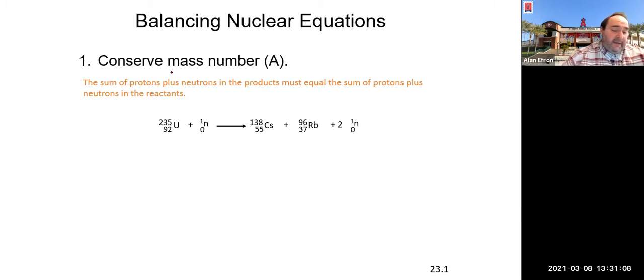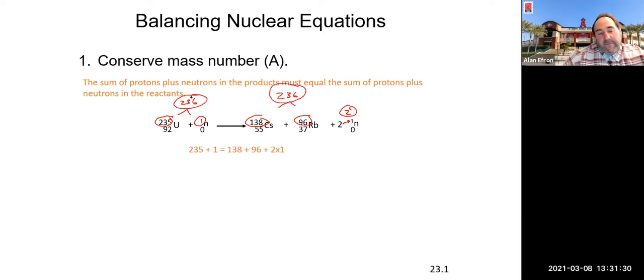So on the left-hand side here, we have 235 and 1, that's 236. Plus, on the other side, 138, 96, and there is a 2 here, which means we have 2 neutrons, so that returns a 2. If we add up everything on the right-hand side, we end up with 236. This technically would be balanced in terms of the mass number.